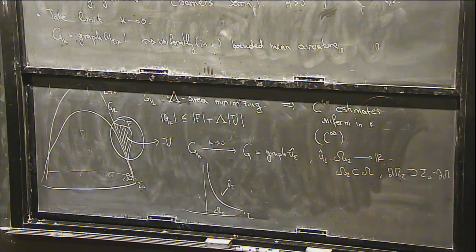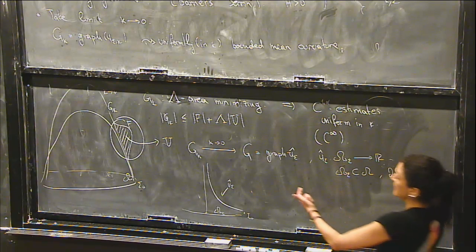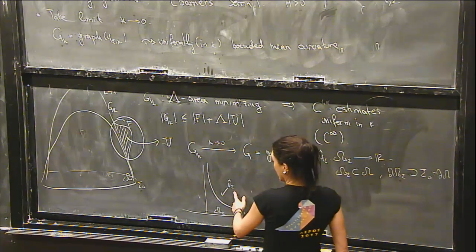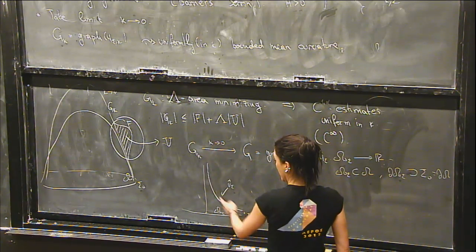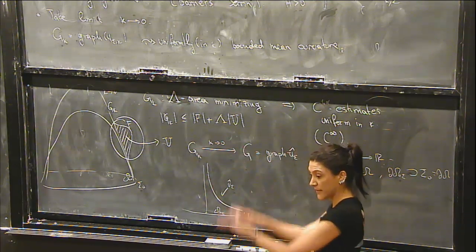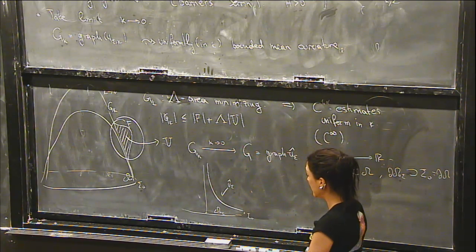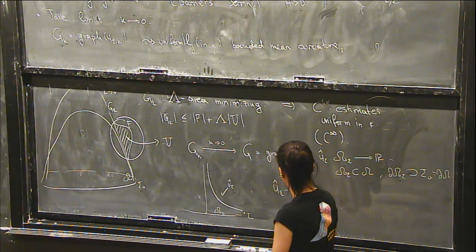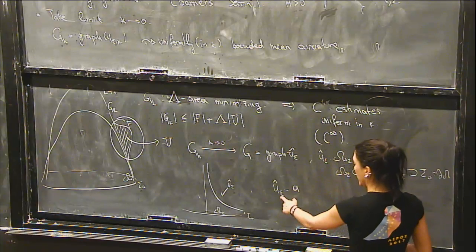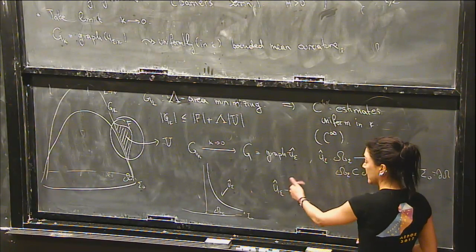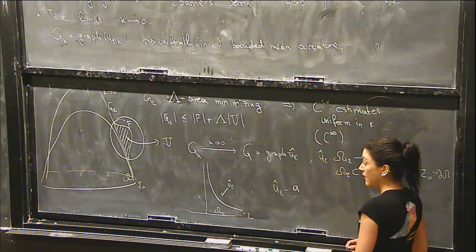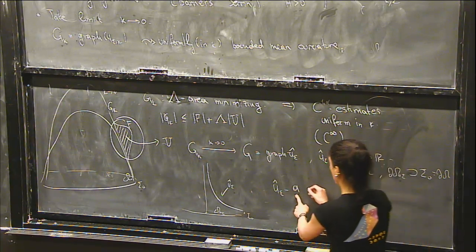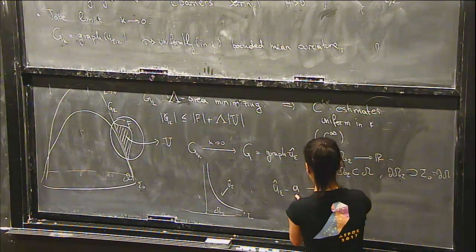Now, doing the exact same trick, but looking at the graph of U hat epsilon and starting translating downwards. Okay, so if you look at U hat epsilon minus a, and let a go to infinity, then what will happen is, what are you going to see?